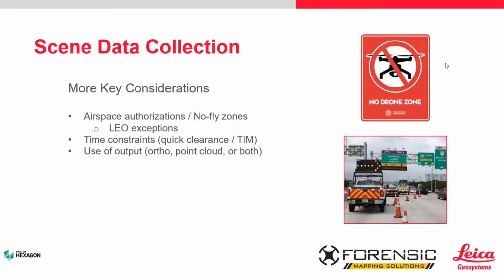It could also be because of what's called a TFR, or a temporary flight restriction, which are used for dignitary movements, security for events like baseball and football, and other security issues for the country that you would not be able to fly. However, as public safety, there is a way that you can get a waiver, an emergency waiver, and it comes from a group of the FAA called the Special Operations and Support Center.